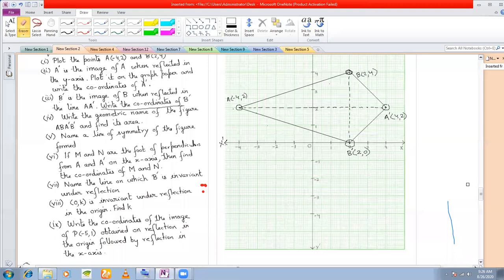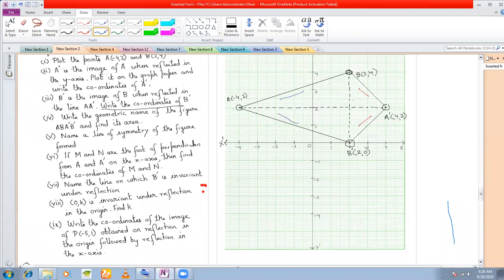Okay, just one reason. But diagonals intersect for a rhombus also. In a rhombus, all sides are equal. But how do you know that all sides are not equal here? Just because it looks like it? You see that the adjacent sides are equal. This side is equal to this side, and also this side is equal to this side, right?